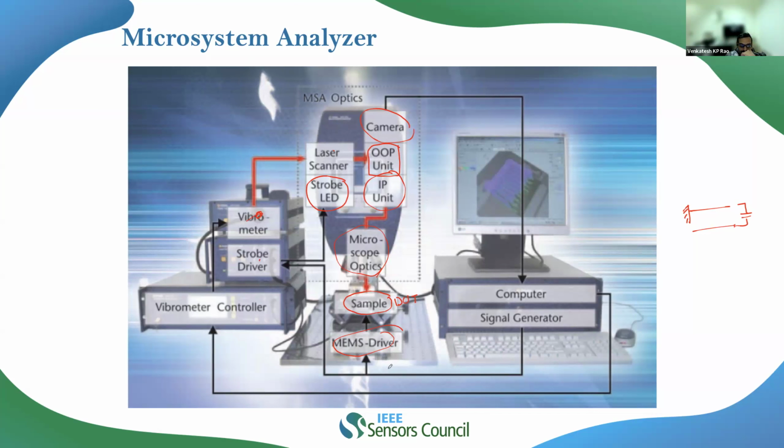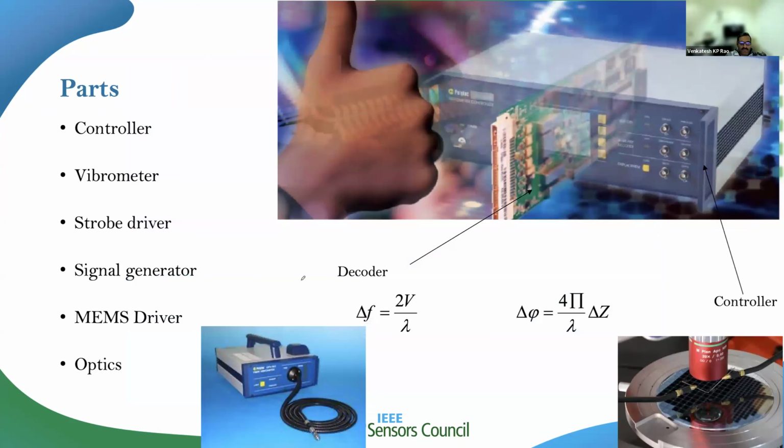Now the VFI has to drive the MEMS driver. We have a signal generator within this, and then the computer will control my vibrometer. Right. So what are the different parts we have? We have the vibrometer controller. The vibrometer is nothing but your laser unit, and in the video you saw all the optics inside this box.